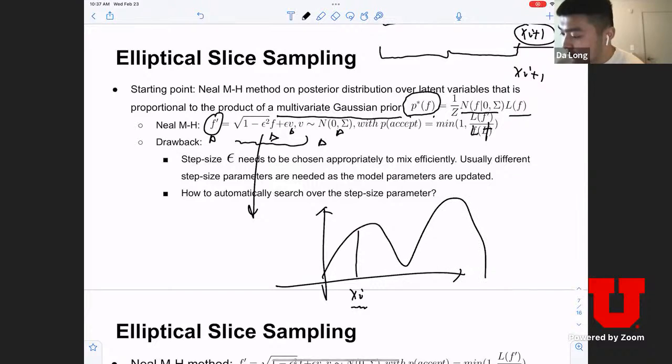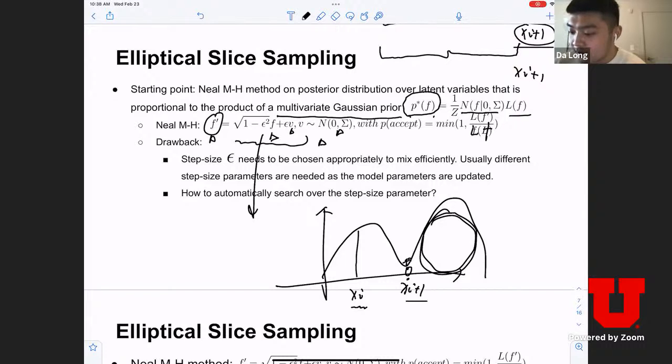If the density in this area is very low, it's very hard for it to jump to the next sample here, so in the end you might not get any samples from this area. This is called the mixing problem, especially when the step size is very small.